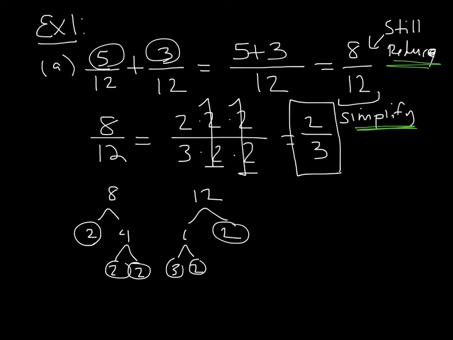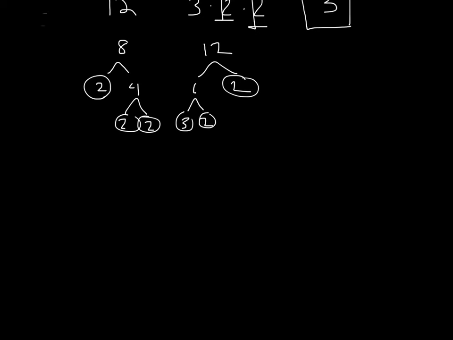So let's try a next part. So let's do B. And B is 7/4 minus a fourth. So this example is, again, adding and subtracting rational numbers with identical denominators. So again, the denominators are exactly the same.